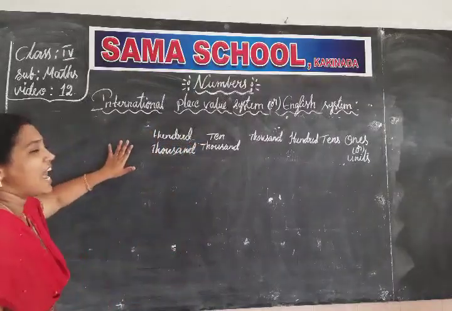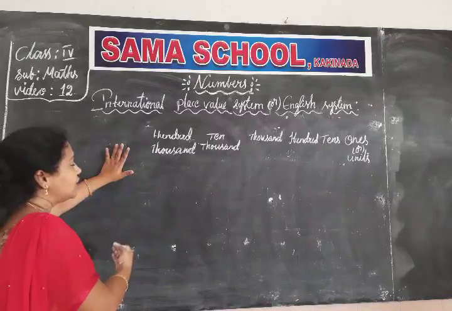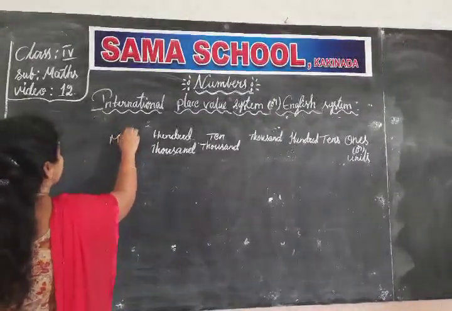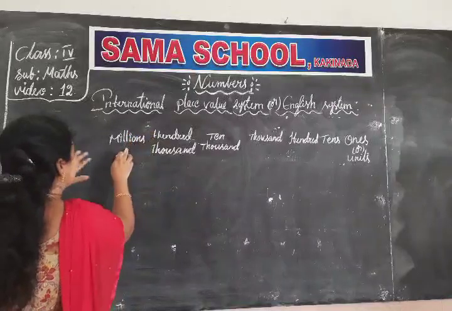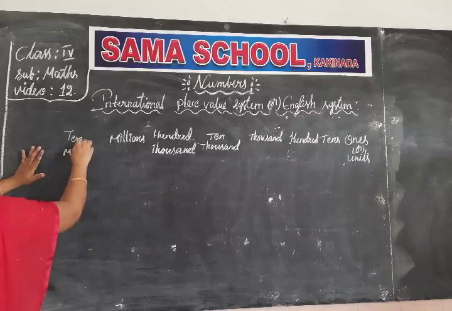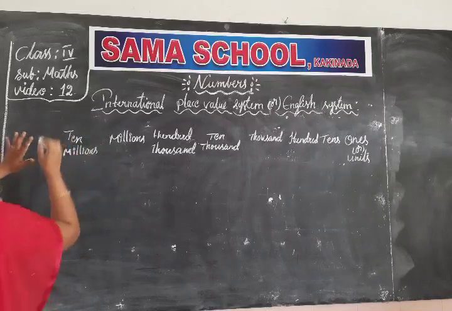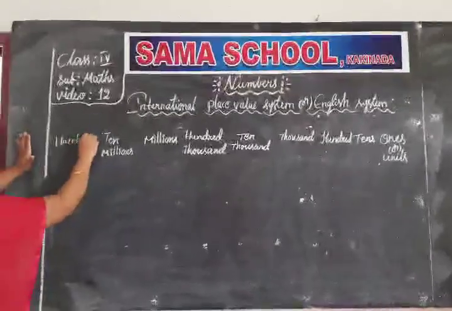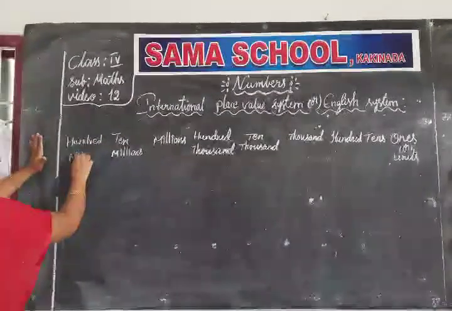Now, after 100,000, we will enter the millions. What is that? Millions, 10 millions, and 100 millions.